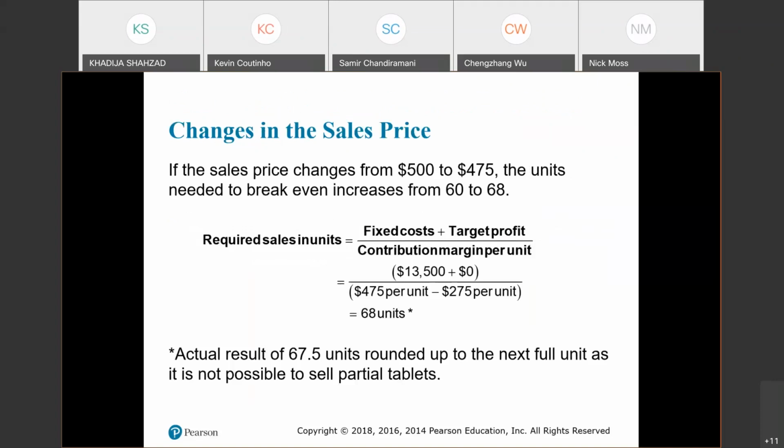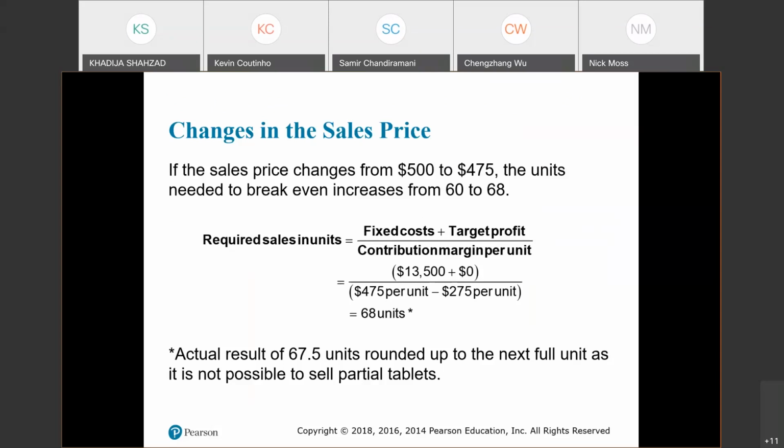Well, first of all, let's see the changes in sales price. If competition of a particular product is fierce, the company may need to cut the sales price of its product to remain competitive. Assume the competition in the touchscreen tablet computer business is fierce.